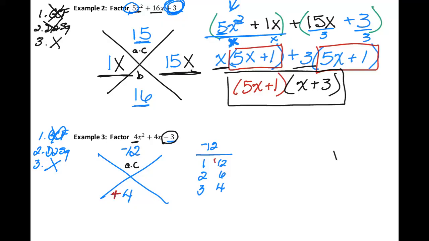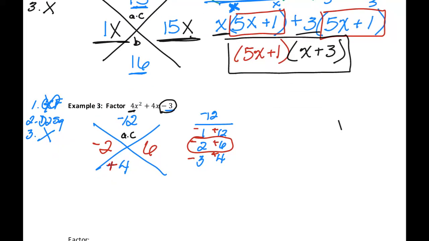So this is positive, this is positive, positive, positive, positive. This means this is negative. So which pair works? The middle pair. Negative 2, positive 6. Rewrite this as 4 terms.